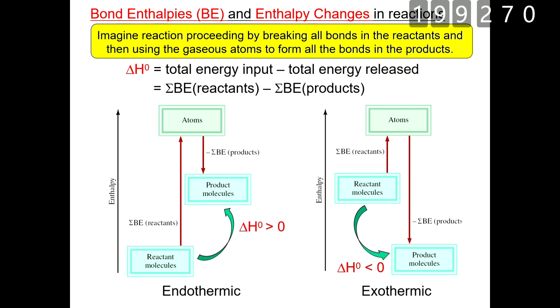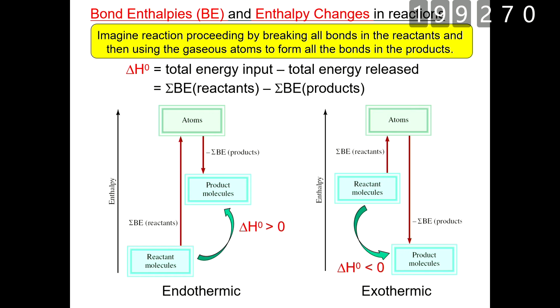We can imagine the reaction proceeding by breaking all bonds in the reactants first. When they are broken, they form just gaseous atoms. Then we use the gaseous atoms to form all the bonds in the products.